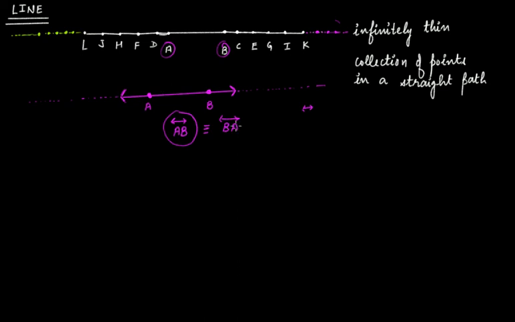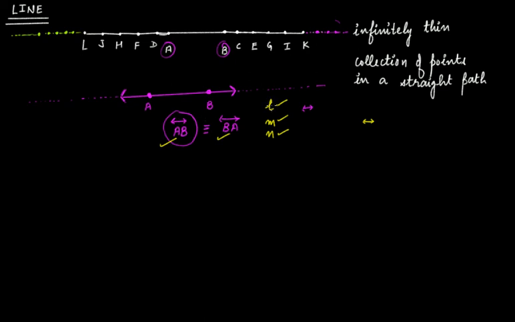Even in this case, B and A are representing 2 points. They are not endpoints, and sometimes a line is simply represented with letters like L or M or N. So someone can say that this is line AB, someone can say that this is line BA, and someone can simply use a letter L, M, N without placing any such marks. You will not denote it using these symbols.